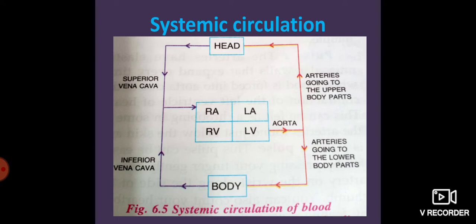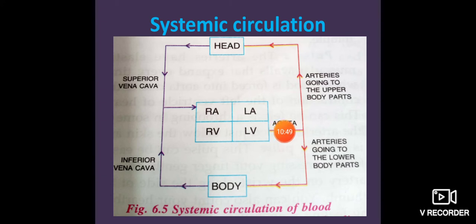This is the systemic circulation of blood. In systemic circulation, from the left side, here you see, this is the left side, the left auricle and left ventricle. From the left side, mainly from the left ventricle, the oxygenated blood is distributed to different body parts through the aorta.